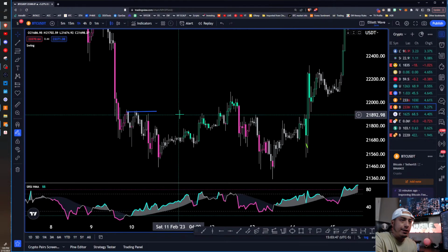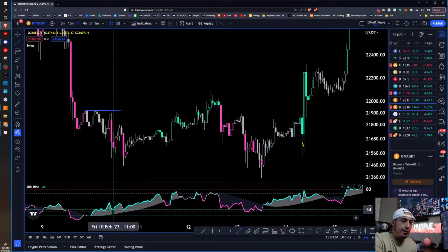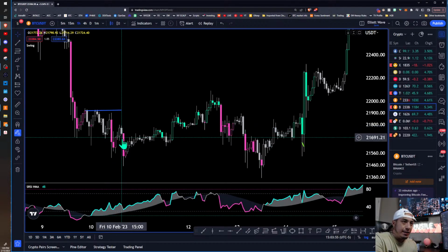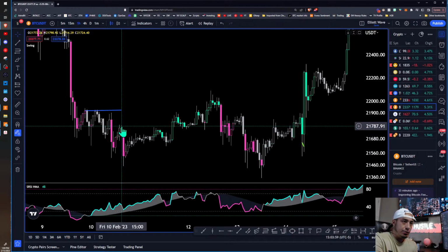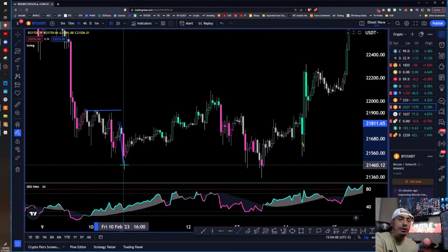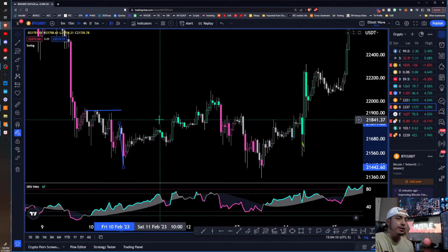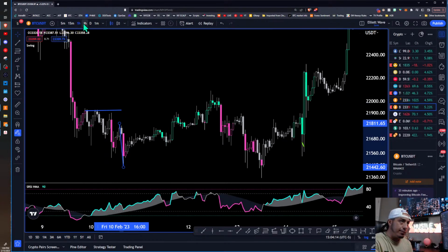And I'll tell you right now, once you get a divergence of a smaller degree like this, and you don't really get a pivot anywhere to say where X is, you want to zoom in 1 degree, and 1 degree means at least 4 to 5 times smaller. So if I was in the 1 hour time frame here, I would go to the 15-minute time frame.